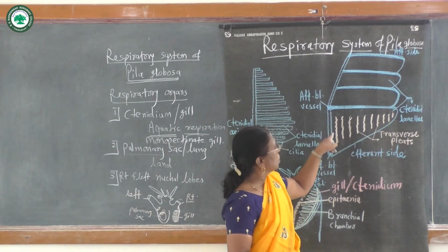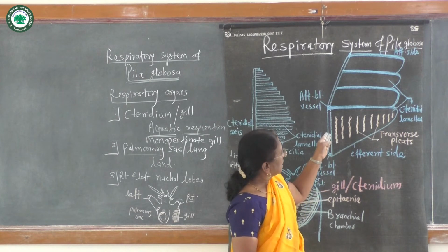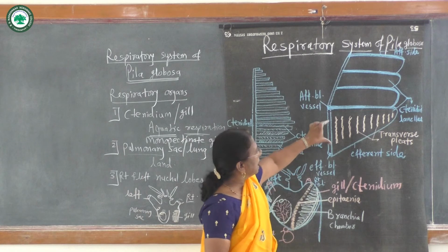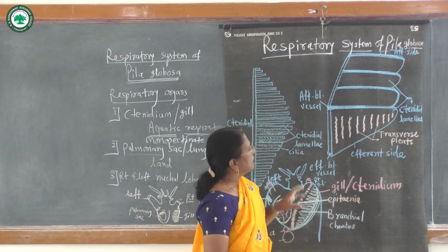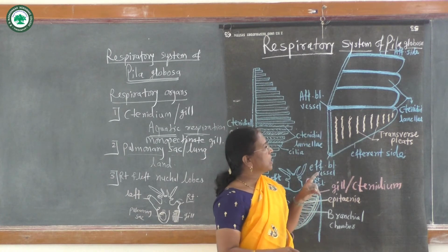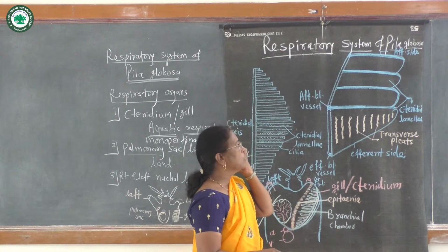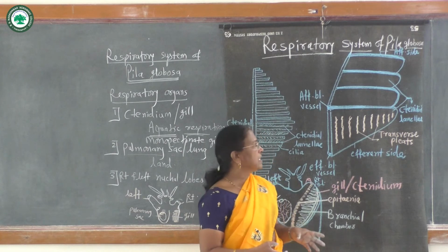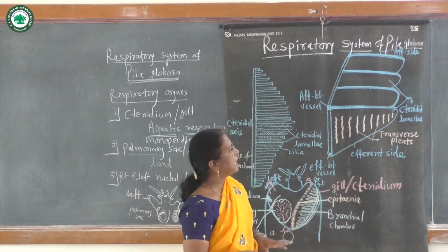These transverse pleats become smaller towards the apex and larger towards the base. They are richly supplied with blood vessels which contain oxygenated blood.